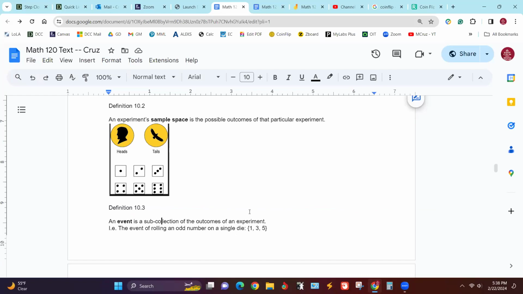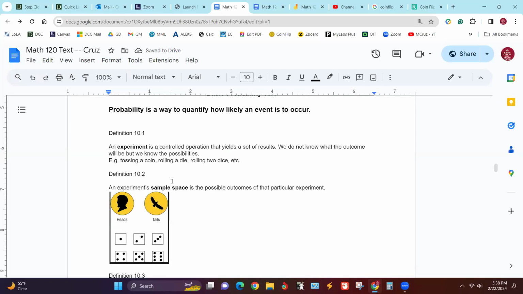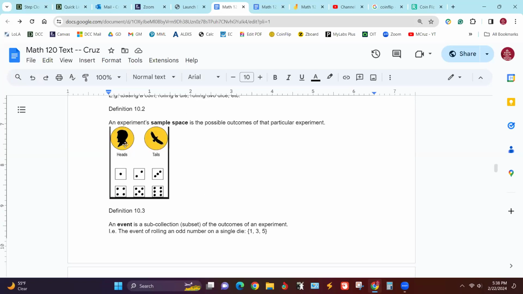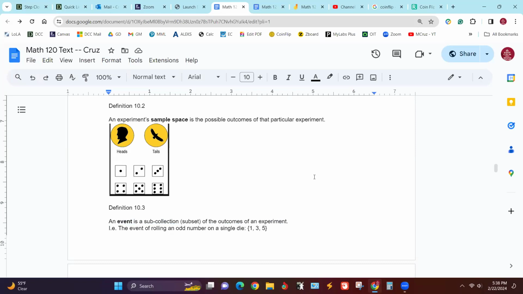An event is just a subset. In other words, you remember we talked about subsets in chapter 2? A subset of the outcomes of experiments. So an event refers to one subset of the whole set.